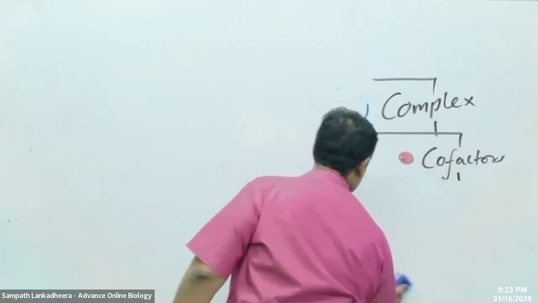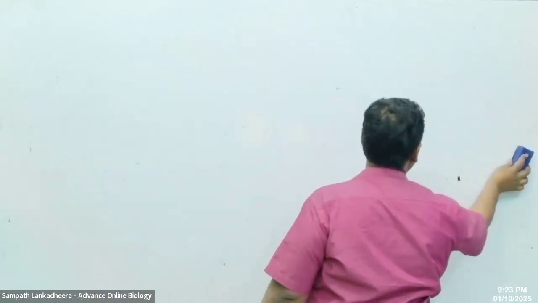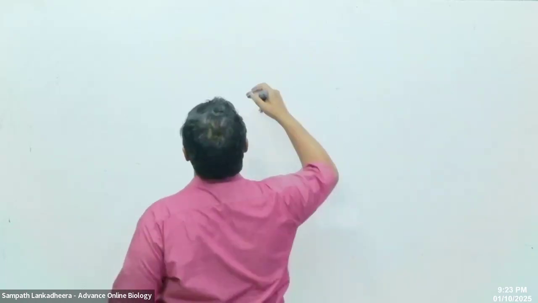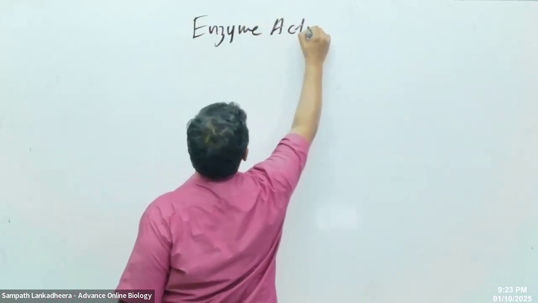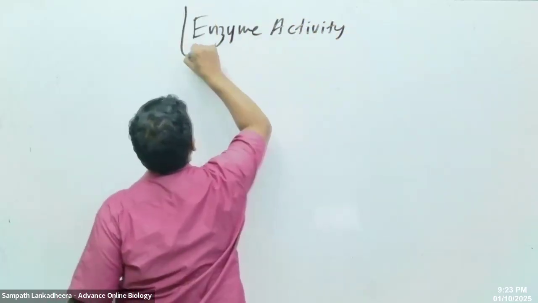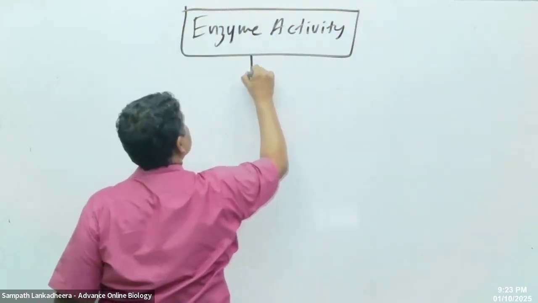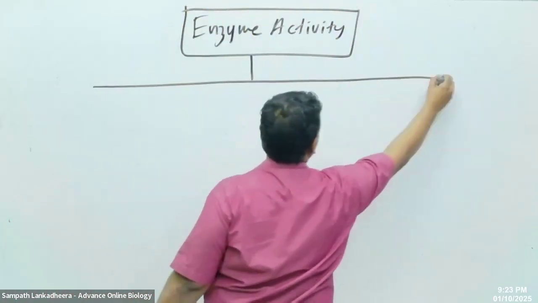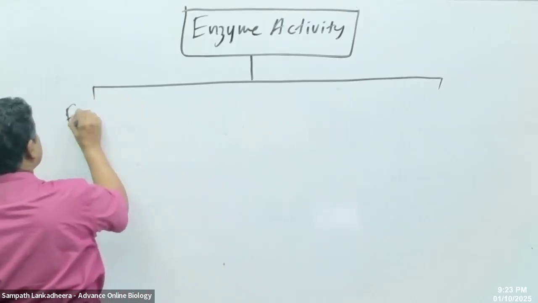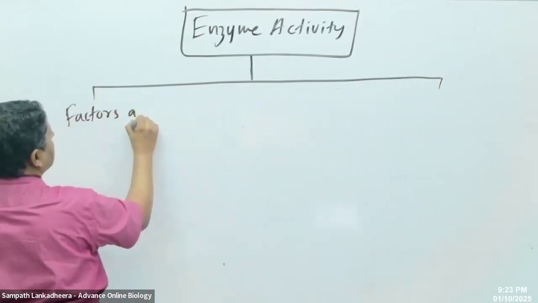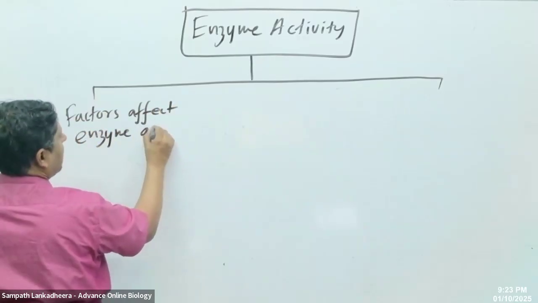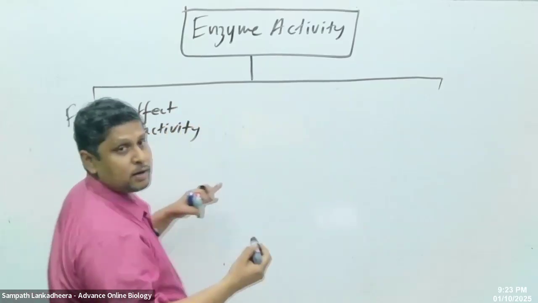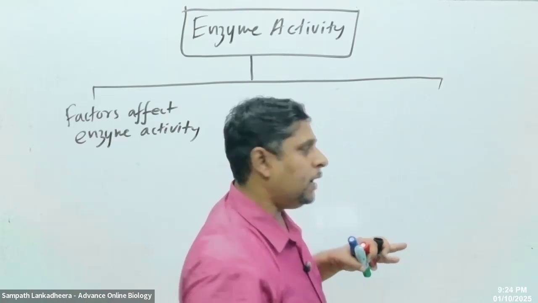Remember the lesson on how it progresses? For enzyme activity, you learn two types. First, factors affecting enzyme activity. What is the other one? Factors regulating enzyme activity.